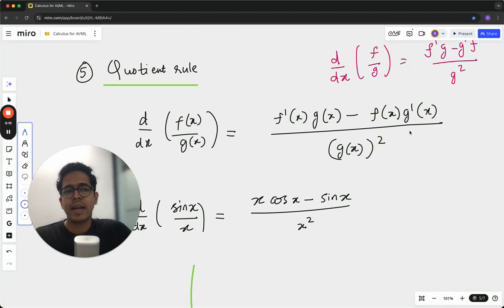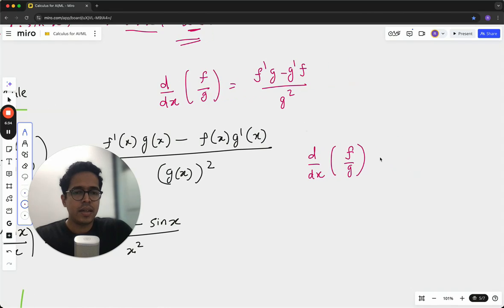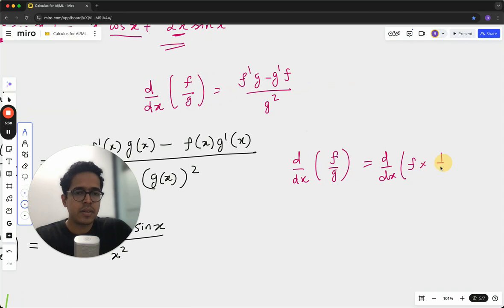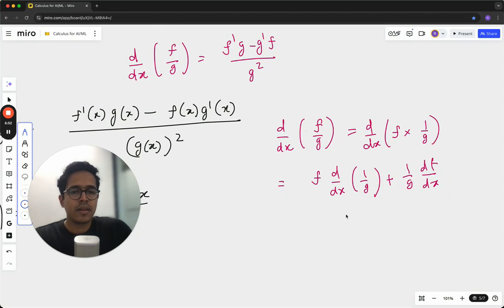It's very easy to derive these rules also, but I don't want to do that right now. One way to derive the quotient rule is like this. So for example, d by dx of f divided by g equal to d by dx of f times 1 by g, right? So now what is the product rule? Equal to f times d by dx of 1 by g plus 1 by g times df by dx, right?